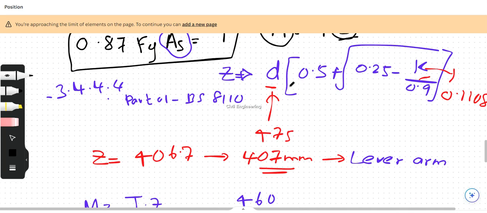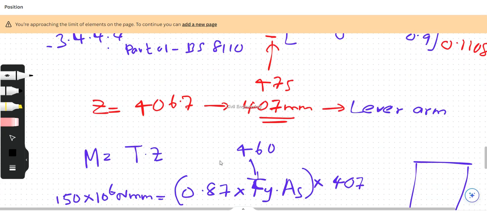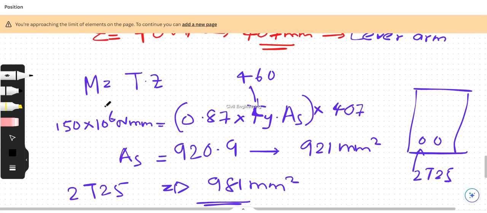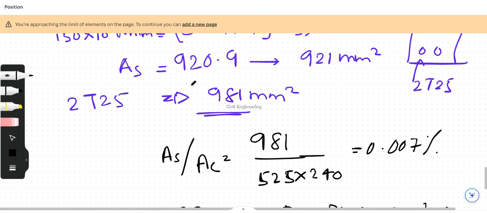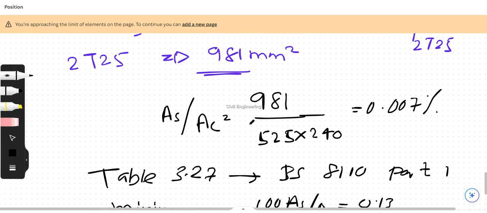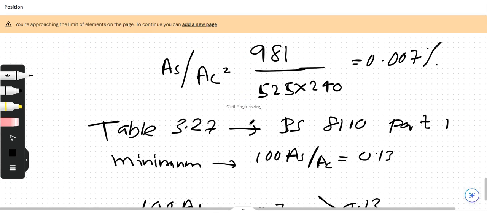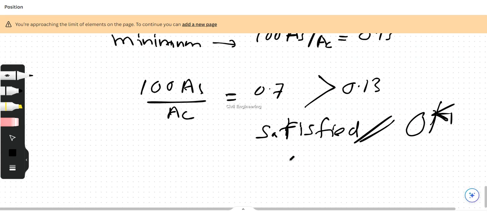For that, I needed to find the lever arm by using this equation in BS 8110 part 1, 3.4.4.4. I found the lever arm, and then I substituted that value into the bending moment equation, and I found the area which is suitable for the section. After that, I checked whether the minimum reinforcement is satisfied, and I found that it is satisfied. And that's all. Thank you.